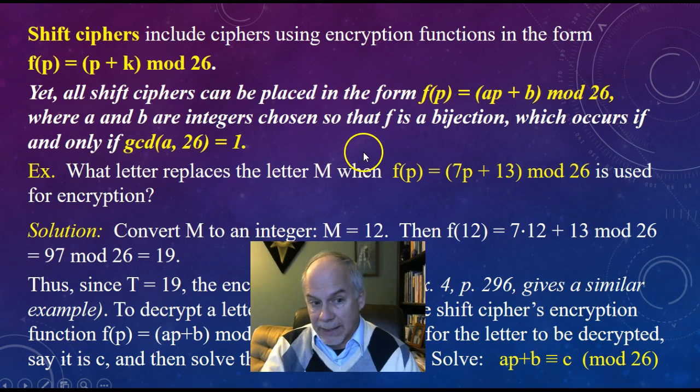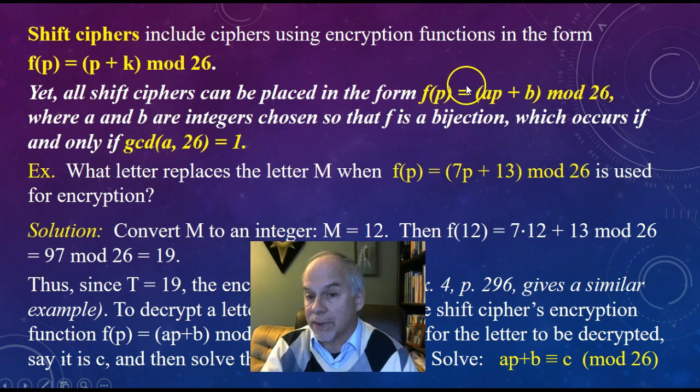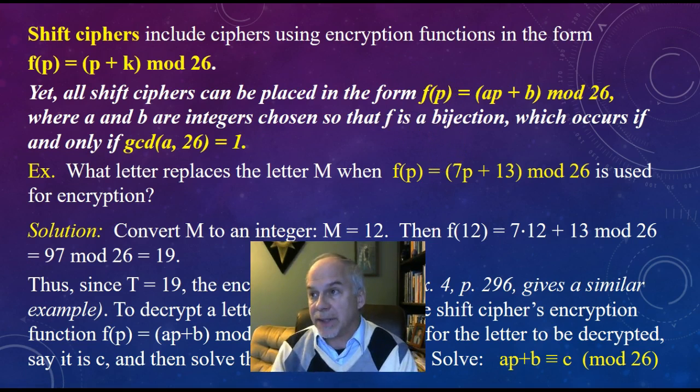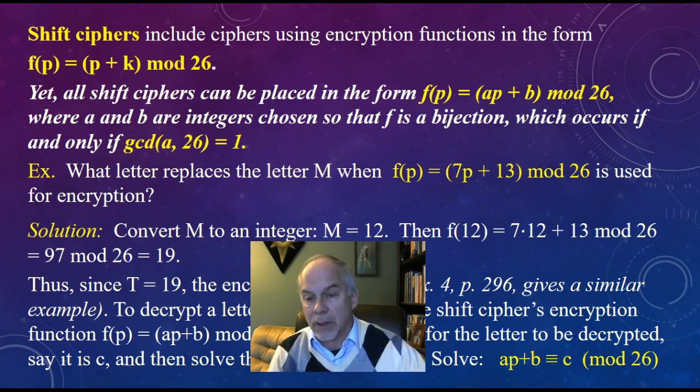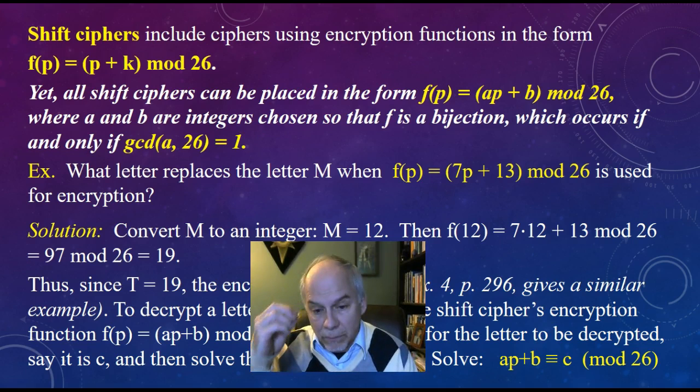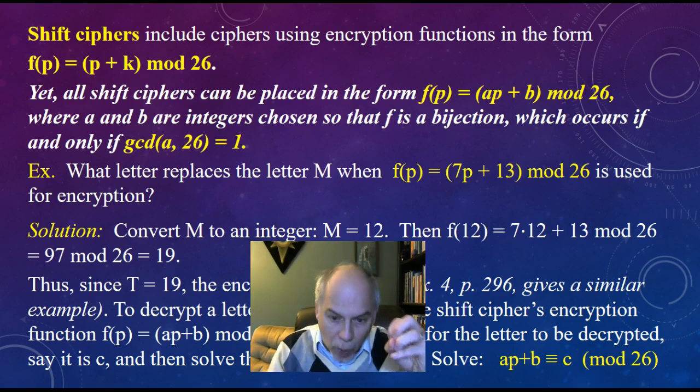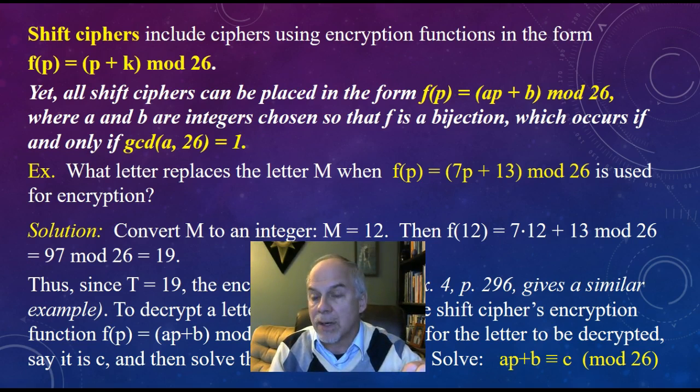Now, it has to be the case that this function f is a bijection, and that means it's 1-to-1 and onto. So it has to be 1-to-1: for each letter you're encrypting, there has to be just one encrypted letter.